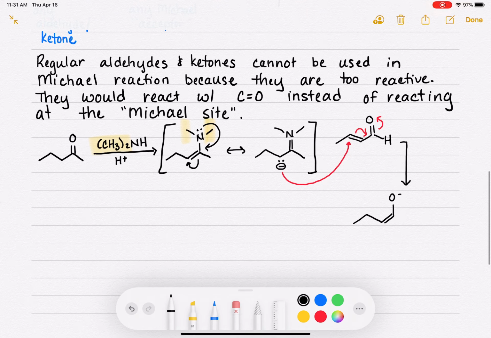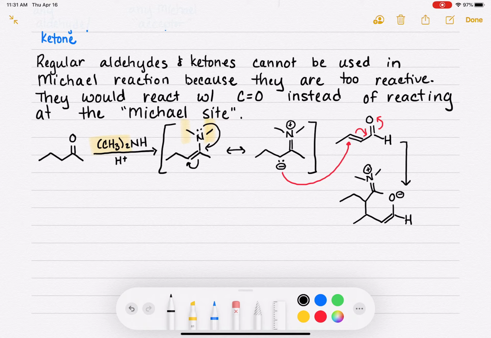First there's the Michael acceptor drawn all nice, and we're going to add that enamine to it. And I forgot a positive charge on my nitrogen with the extra bond. There you go, buddy. So there's our intermediate.